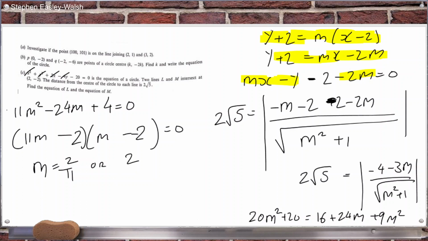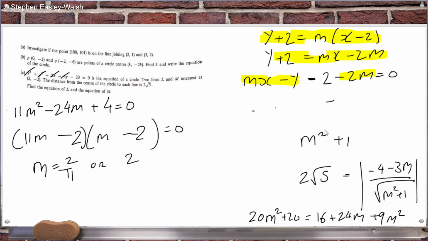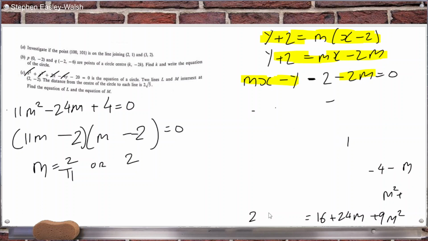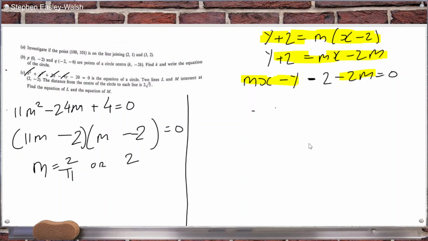So my equations, let's just clean that up a little bit. If I just sub those two answers in, see what we get. Alright. Let's sub in the 2 over 11 first. So that's 2 over 11 x minus y minus 2 minus 4 over 11 equals 0.